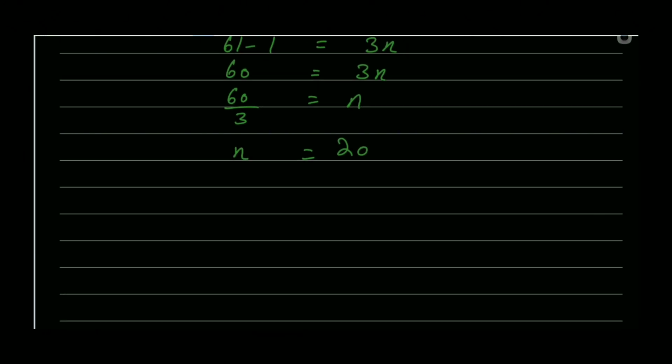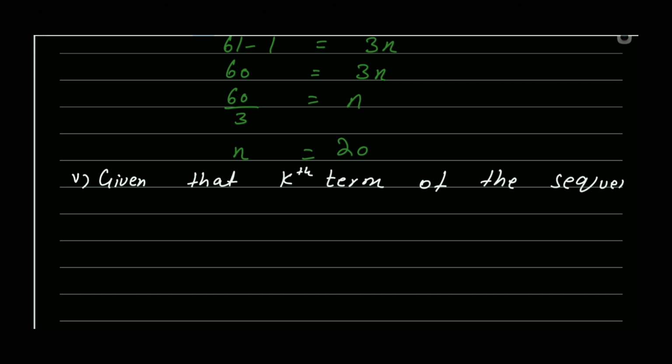What can be the fifth part? Given that kth term of the sequence is 91, find k.